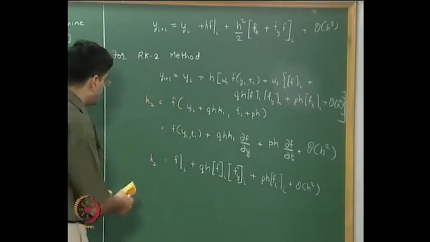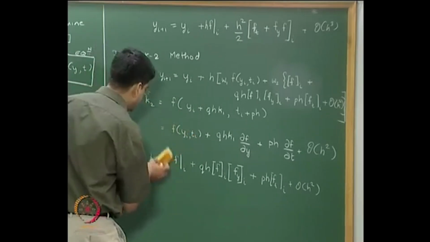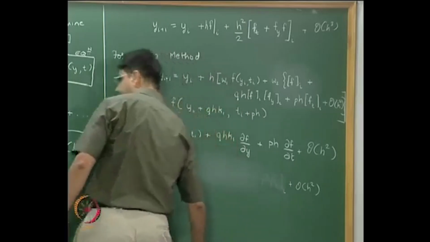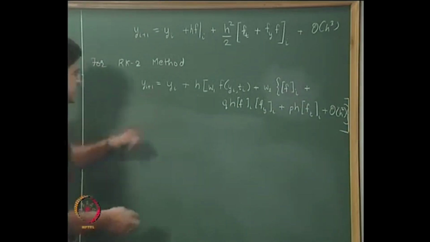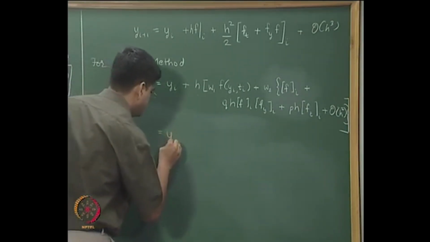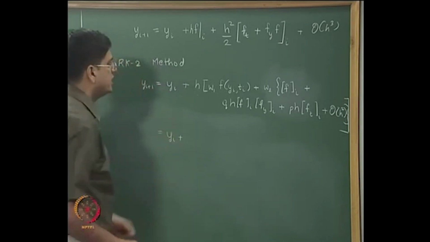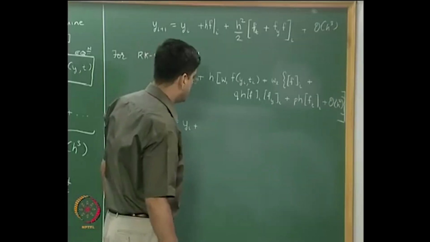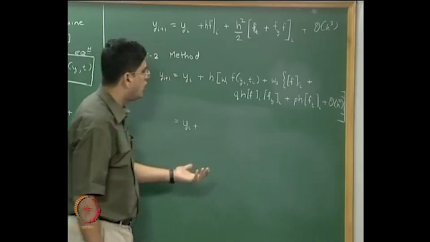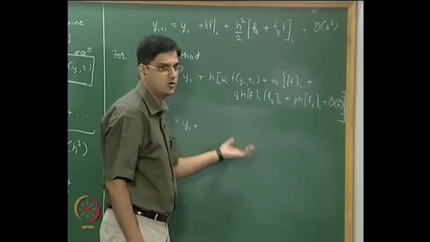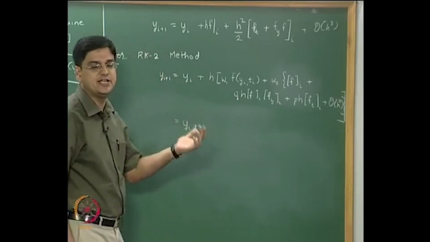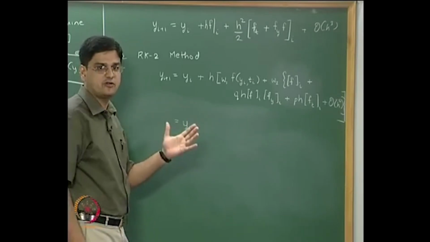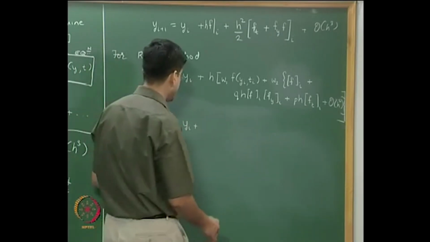Okay, what I will do is erase this part that I have written over here, and continue with the derivation. So this can be written as, now we will have this term y_i. The next term is going to be in terms of f_i. So what we will do is collect all the terms involving f_i only, not df by dt, not df by dy, but only the term containing f computed at y_i comma t_i.